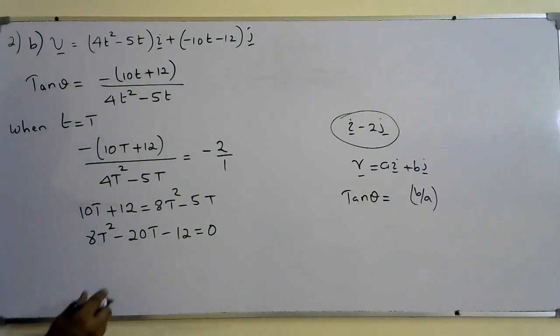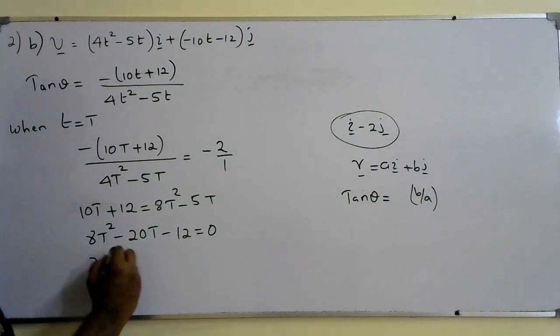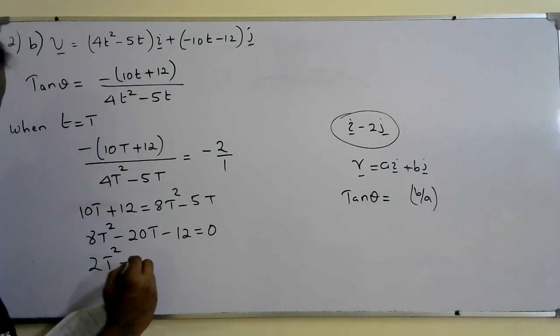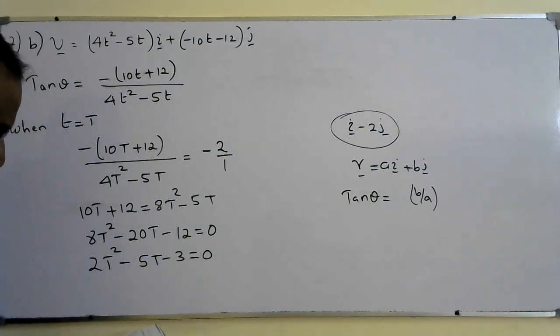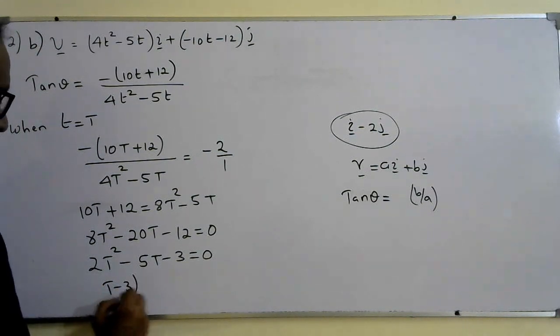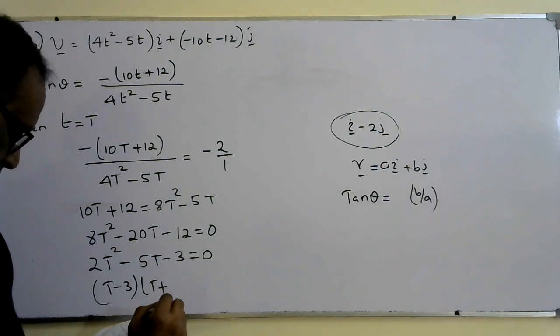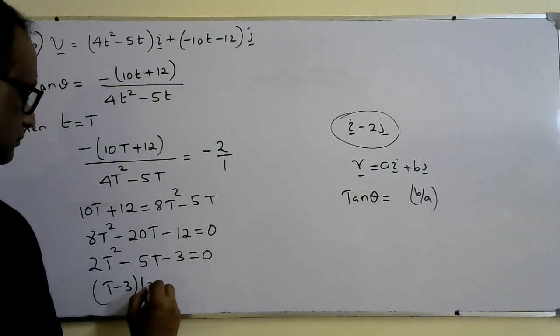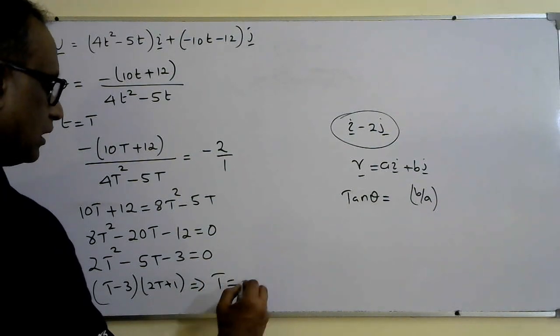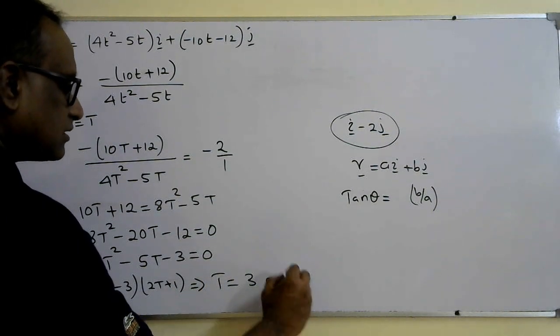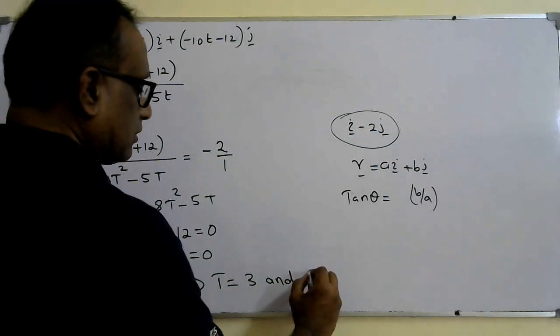Divide the whole equation by 4. 2t squared minus 5t minus 3 equals 0. Factorize it. We will factorize it into t minus 3 into 2t plus 1. So from that, t is equal to 3 and minus half.